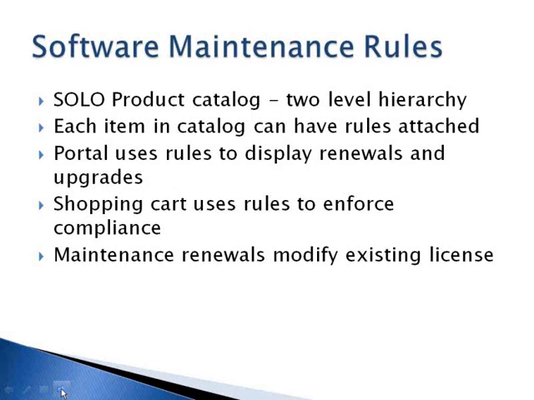So if they had an expiration date on June 1st and they purchased a one-year renewal on say May 15th, they got an email notice that their maintenance was coming due. They renew early, then the expiration date of the maintenance for that license will be modified to be June 1st of next year. There's no penalty for renewing early.